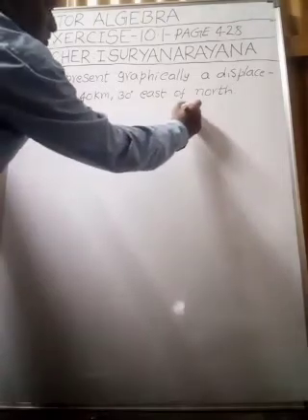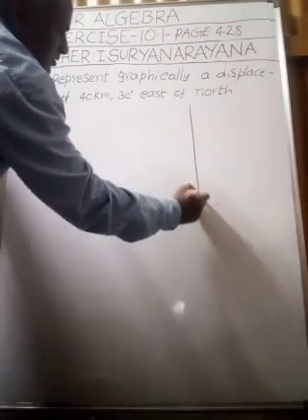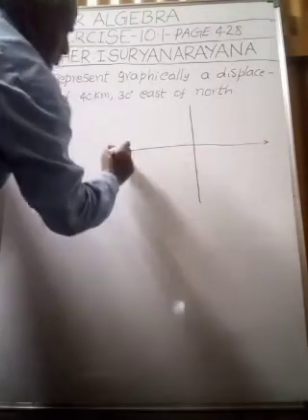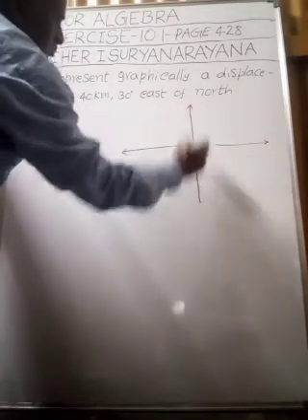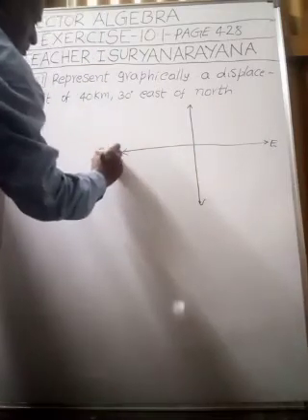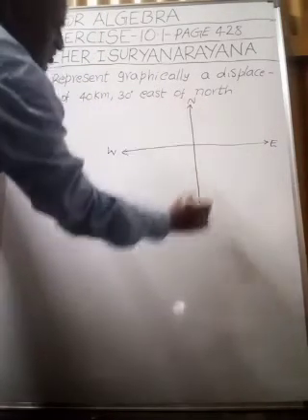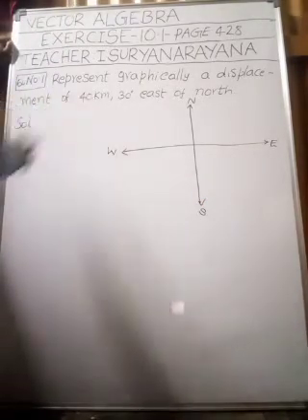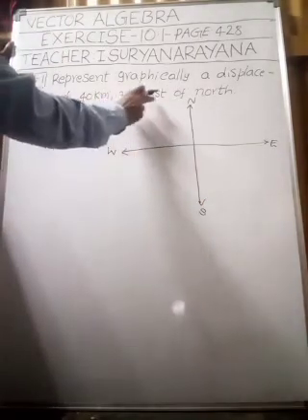So let us draw the directions. This is east, this is west, this is north, and this is south.